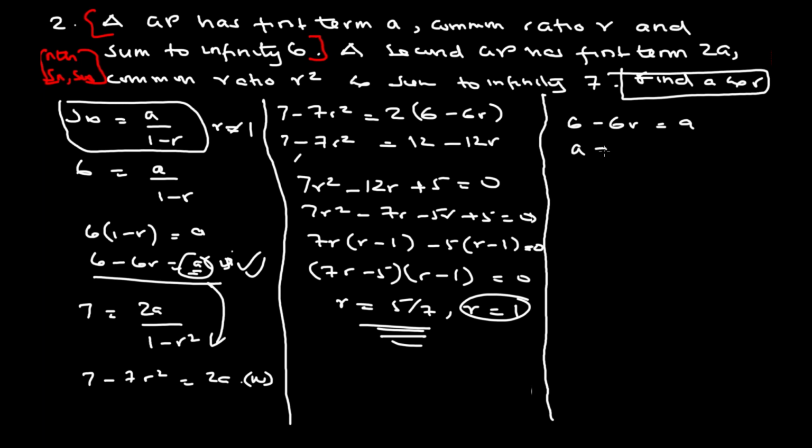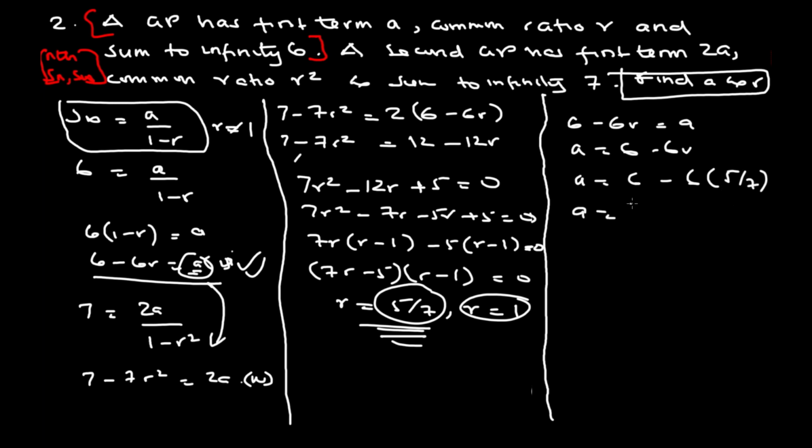So we can say A is equal to 6 minus 6R, and then we'll put this value where there's R. R is 5 over 7.